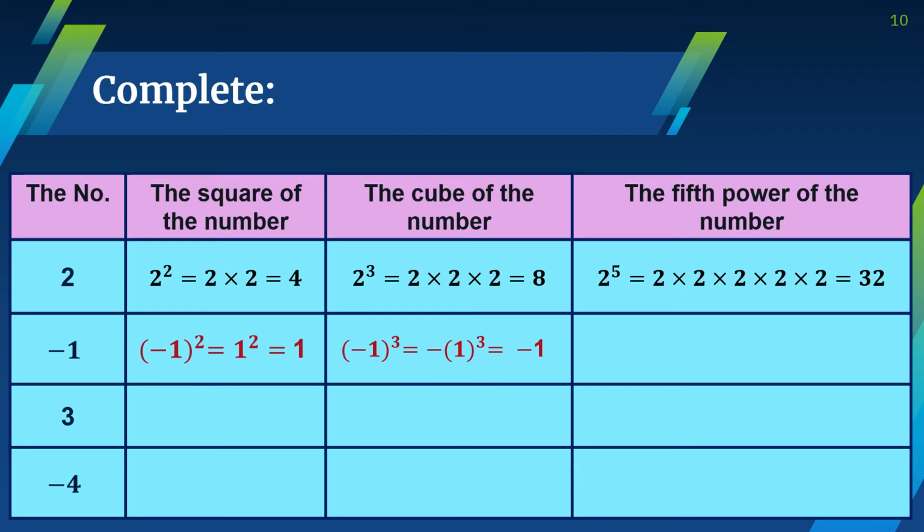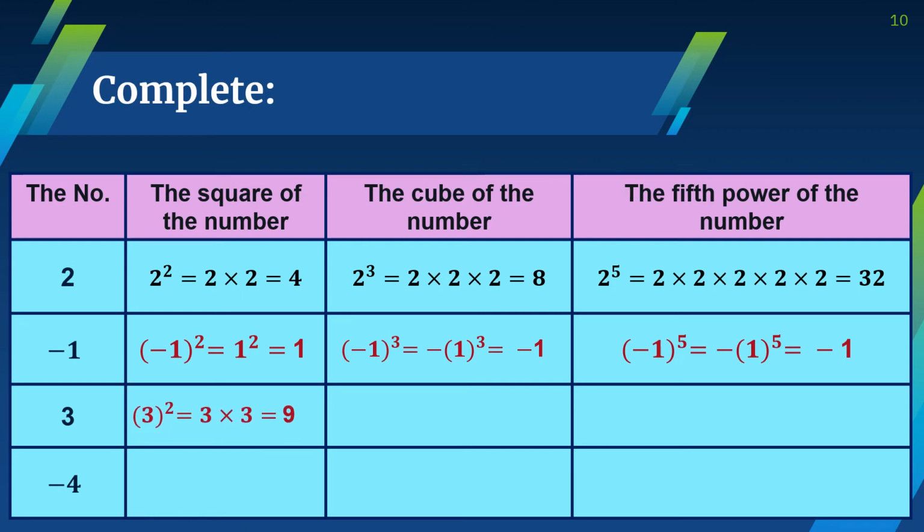That means negative 1 power 3 will be equal to negative 1 between brackets power 3, which equals negative 1. And the fifth power of the number will be negative 1 whole power 5, equal to negative 1 between brackets power 5, equal to negative 1.